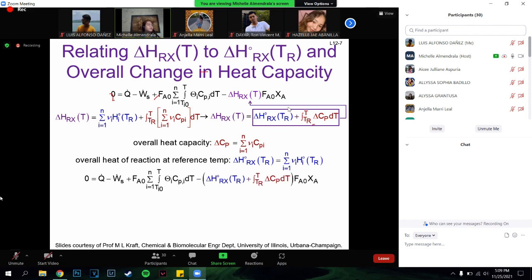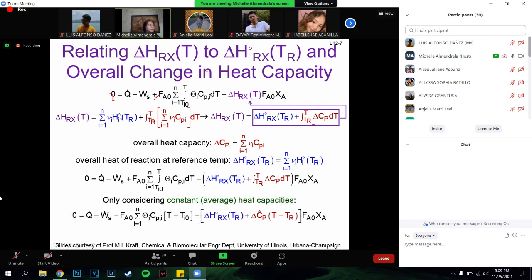This is just a review of your enthalpy calculations for a reaction. Considering a constant average heat capacity, you have your overall energy balance, defining enthalpy of the reaction using the standard enthalpy of reaction and delta Cp. And this is now our final working equation.